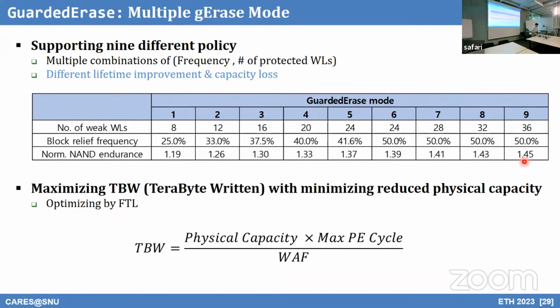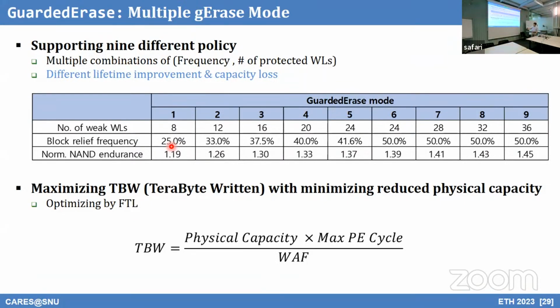Okay, so we combine the number of weak word lines and how often we use this mode. By combining these as the main mechanism to control weak word lines, the FTL will use this to optimize. Our optimization goal is actually not the lifetime only, but the total amount of data written to the SSD. We want to maximize this.